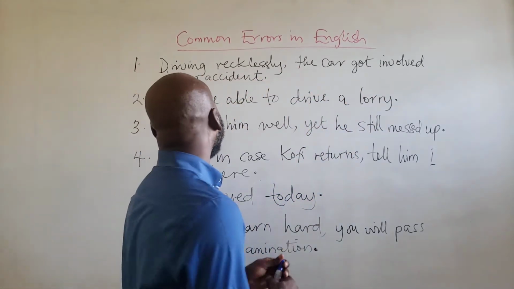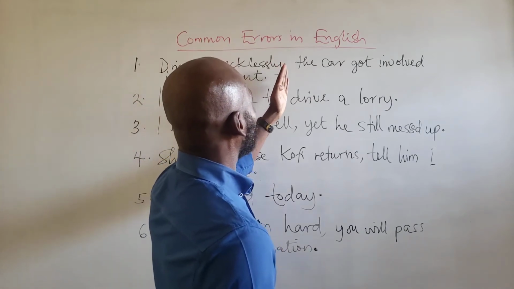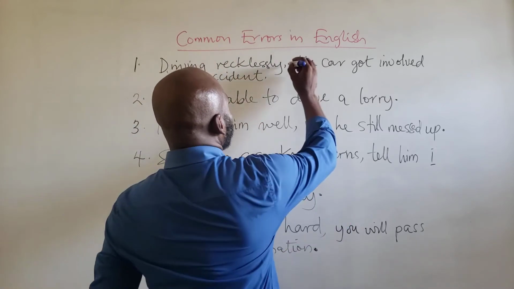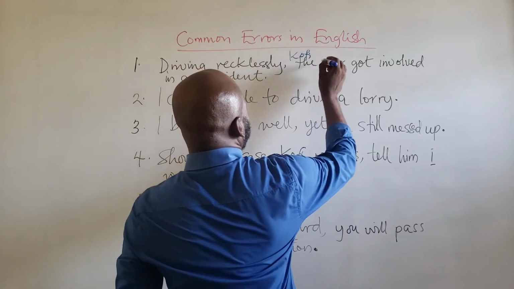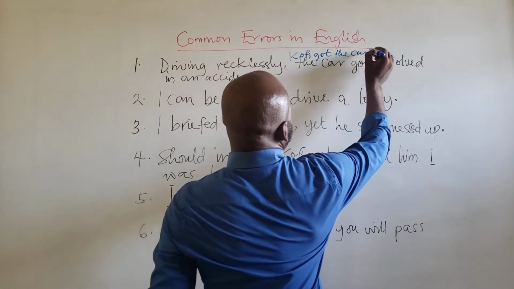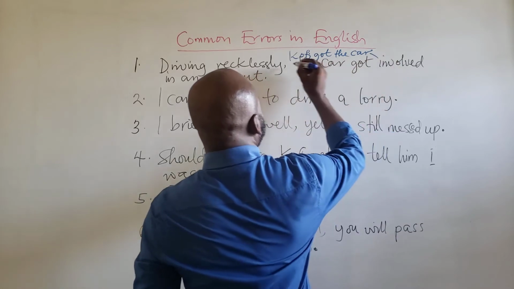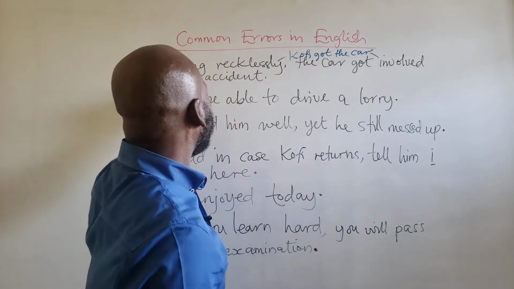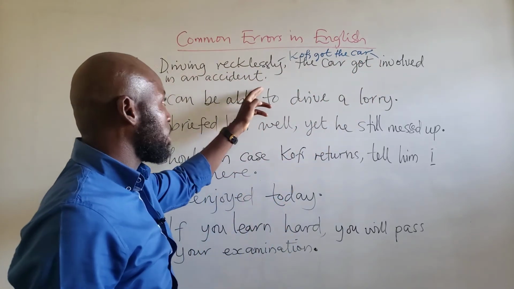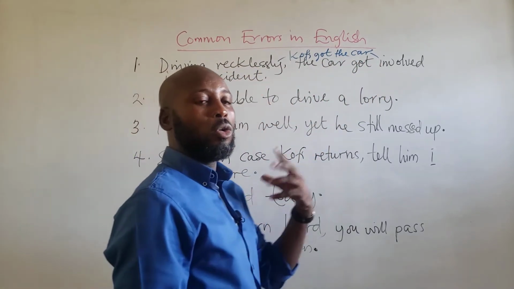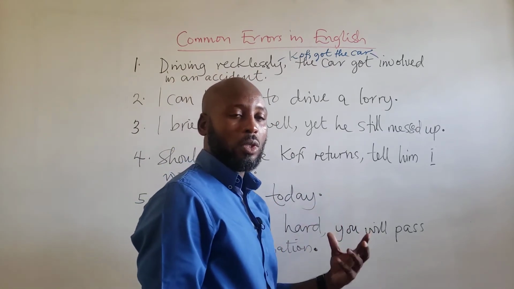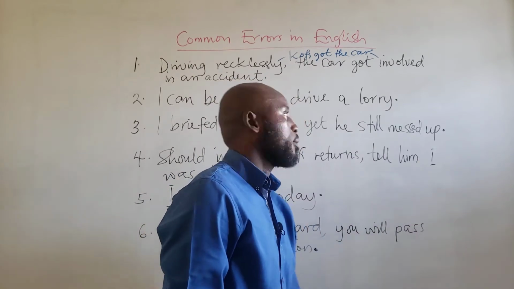For example, we can say that Kofi, driving recklessly, got the car involved in an accident. So driving recklessly, Kofi got the car involved in an accident. Here it tells that Kofi was the one driving the car recklessly. So, and as a result, the car got involved in an accident.